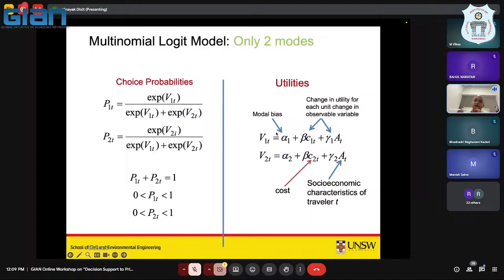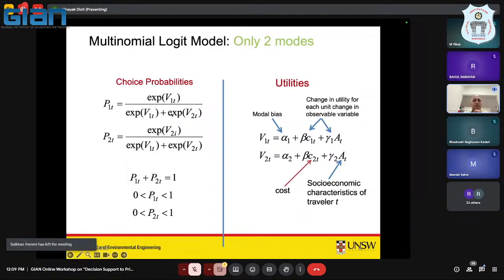And we do a survey with a lot of people, so we get different Ats, which are different attributes for different types of people. Then we have to calibrate alpha 1, beta, gamma 1, alpha 2, beta, and gamma 2. We are calibrating for those, and we'll come to how we do that.